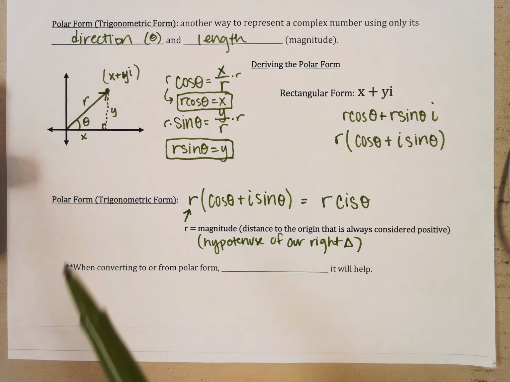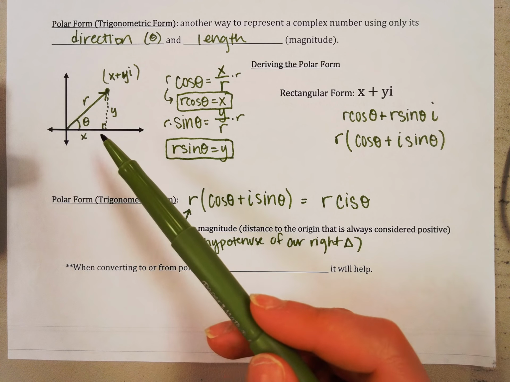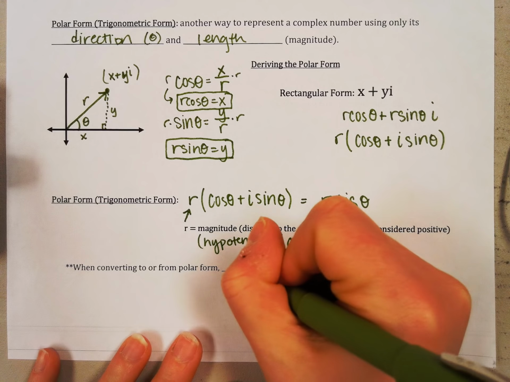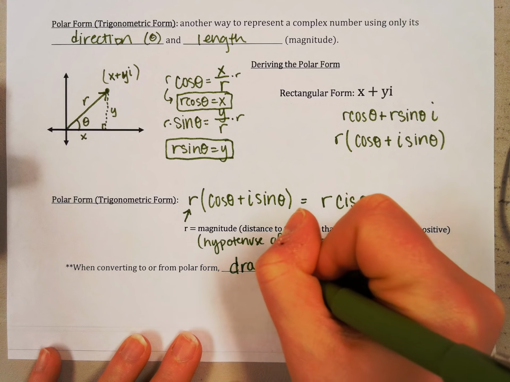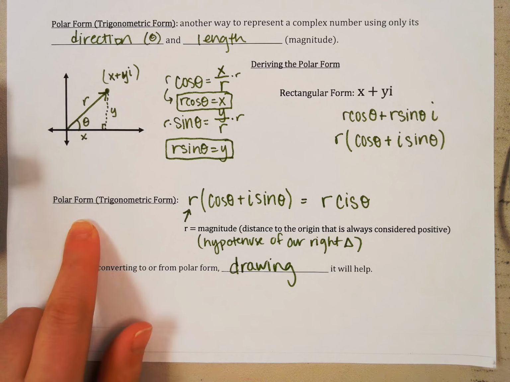Because we're going to have all these different theta values in different places, and we have x and y coordinates, and we're going to be converting from polar coordinates to rectangular coordinates, or rectangular form to polar form, a drawing will usually help you figure that out. There are a couple things you need to remember. You need to remember what polar form looks like.